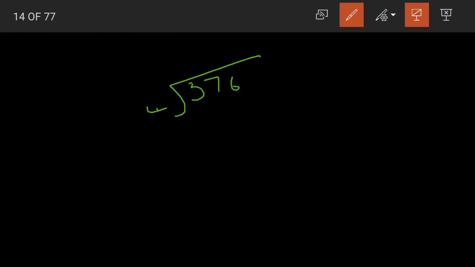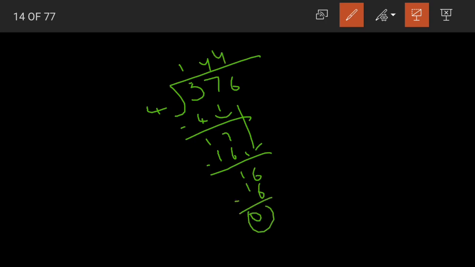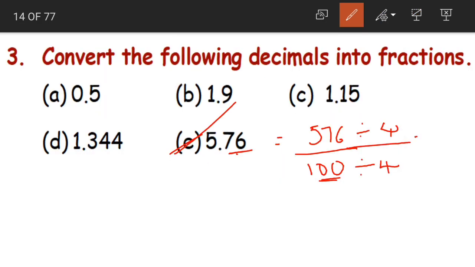576 divided by 4: 4 ones are 4, 1 brought down, 4 fours are 16, 6 brought down, again 4 fours are 16. So what is the answer here? 144. So 576 divided by 4 is 144.